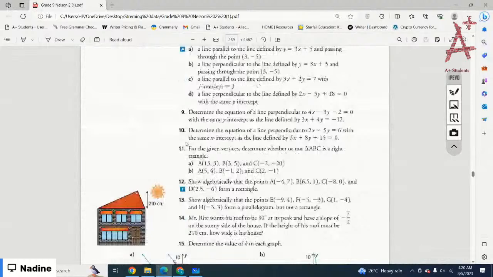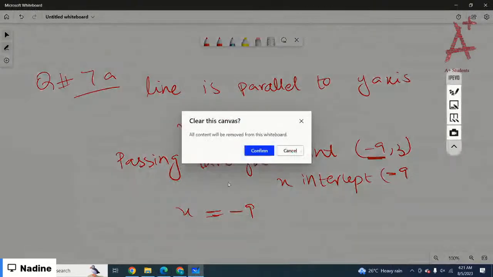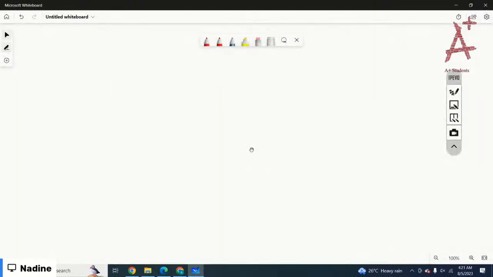Okay, 4x minus 3y minus 2. Determine the equation of line perpendicular to 4x minus 3y minus 2. Okay, question number 9. 4x minus 3y minus 2.